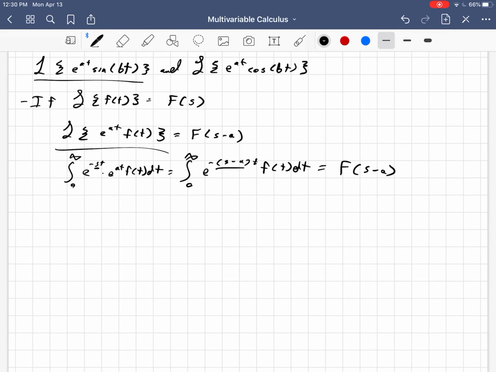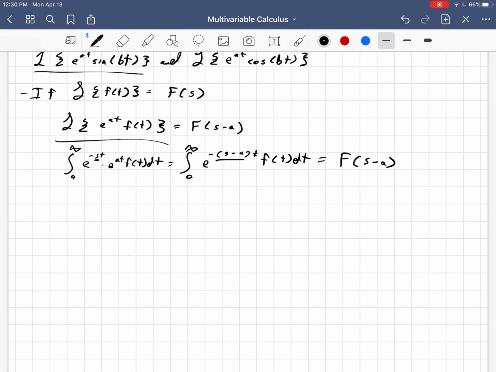So, for example, if I wanted to use this property to derive that Laplace transform right there, the Laplace transform of e to the at times the sine of bt, then what that's saying is I can just take the Laplace transform of the sine of bt, and wherever there's an s in that Laplace transform, just stick an s minus a in.